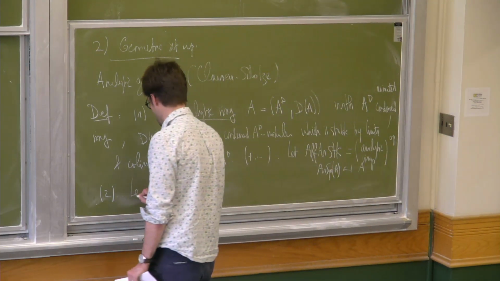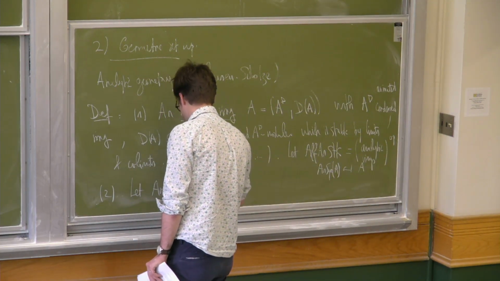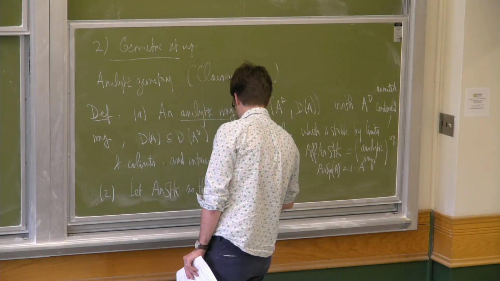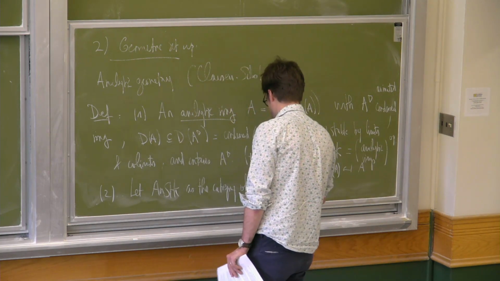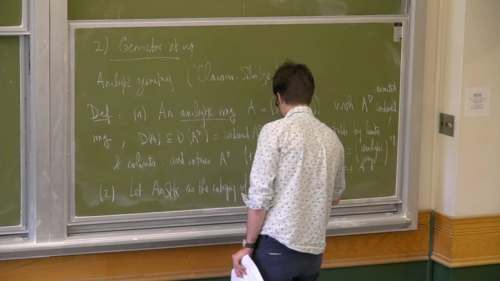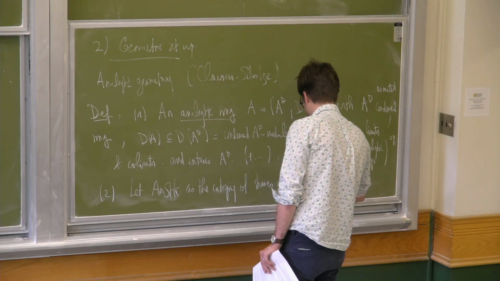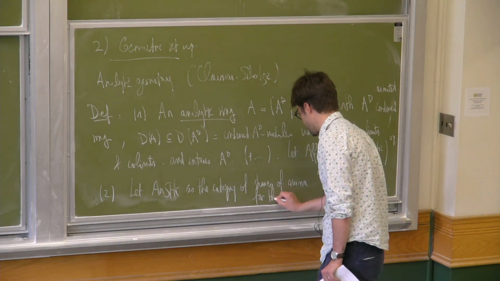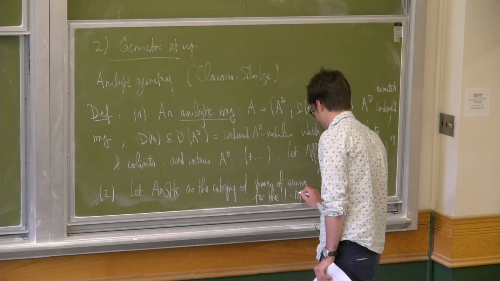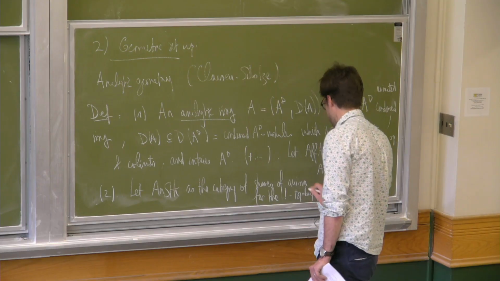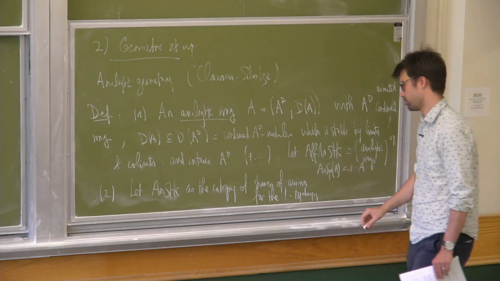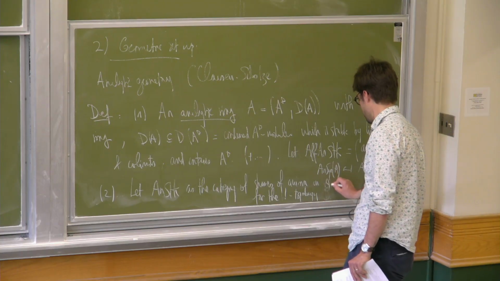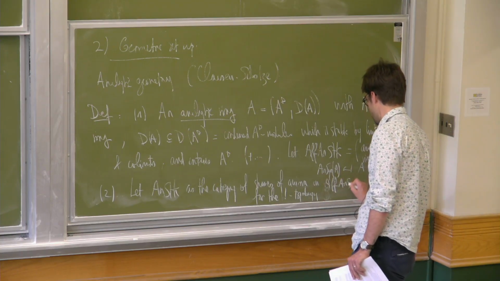And then you define the category of analytic stacks as the category of sheaves of anima for a certain topology called the Schrick topology on the category of affine analytic stacks.